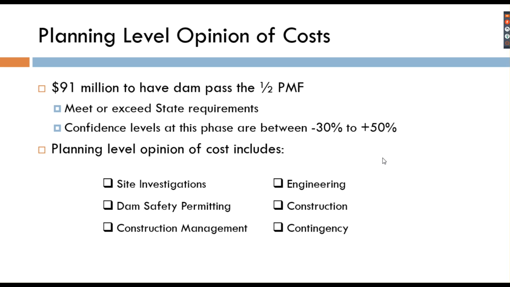As I mentioned early on, detailed engineering and studies have to be completed, so there is a confidence range on this cost estimate, meaning that it could be 30% below the 91 million and up to 50% higher than the 91 million. But the 91 million right now does include your site investigations, your dam safety permitting, your construction management, your engineering, and there is some contingency in that.